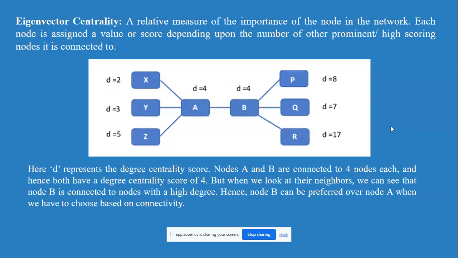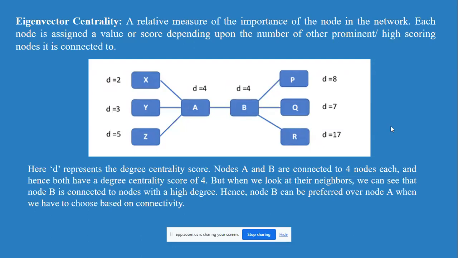But talking about nodes P, Q, R, they may be connected to other nodes also in the network, which is very huge. This is a very small snapshot taken from a network to make you understand eigenvector centrality, right?